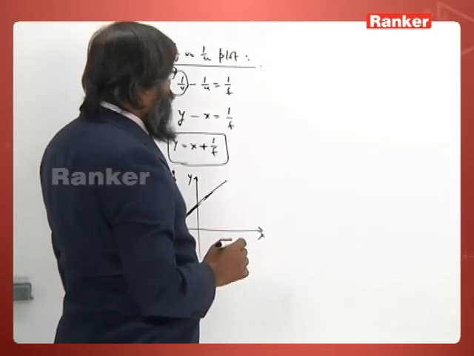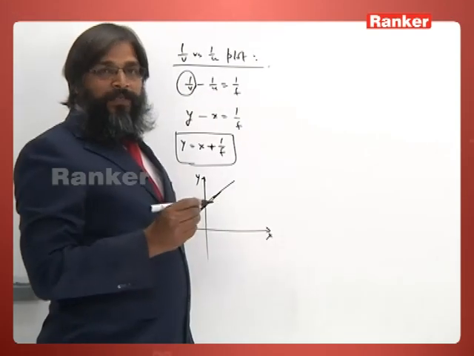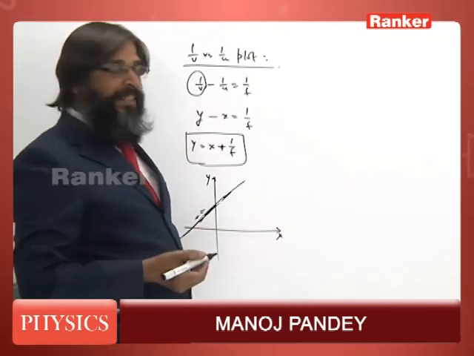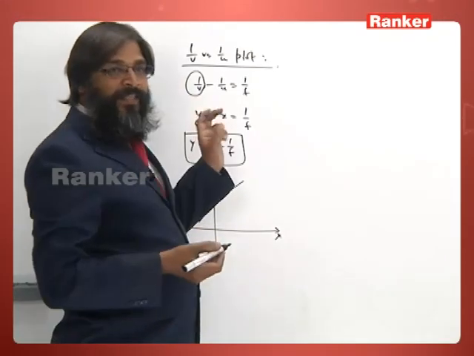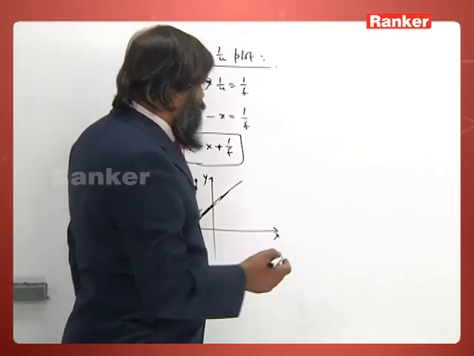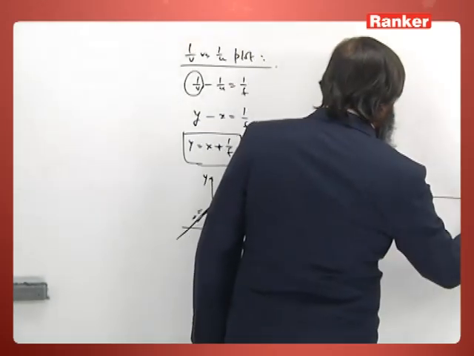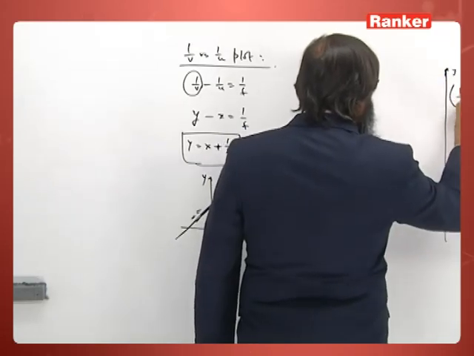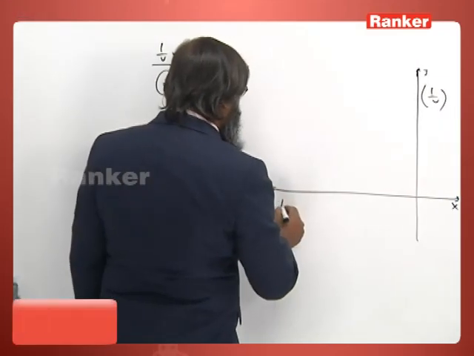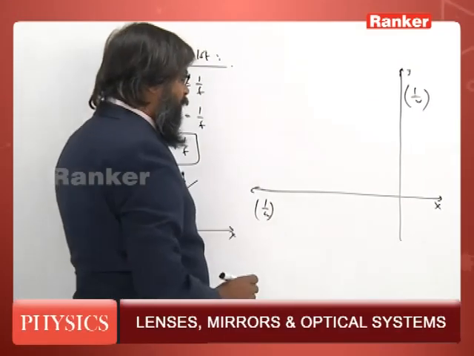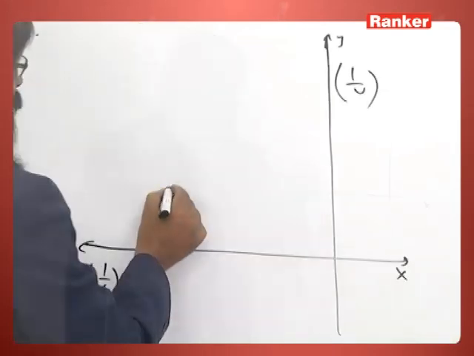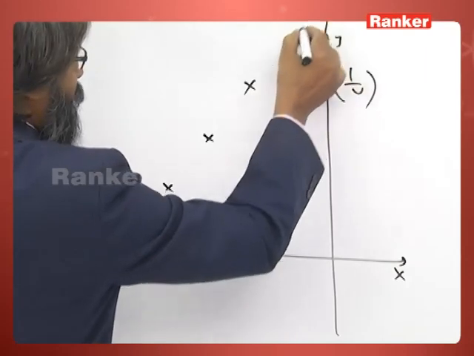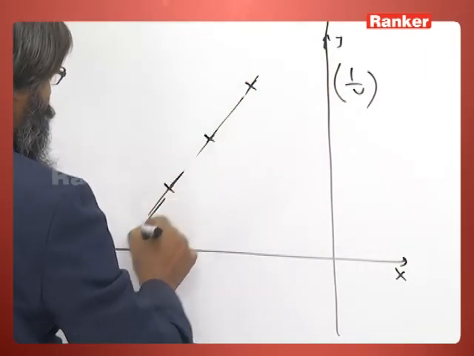So what we do? When we measure u1, v1, then for another object position u2, its image is at v2, then we calculate the reciprocals and plot them. So this is the x axis, this is the y axis, here 1 by v is plotted and here 1 by u is plotted. So what we observe is that when I get some readings, we join all these points.